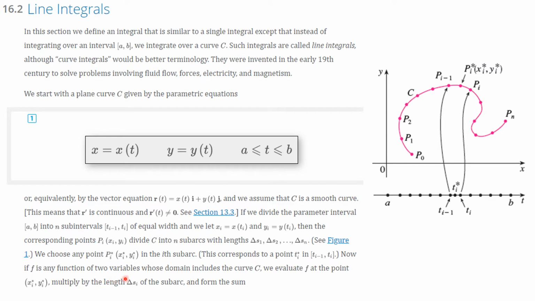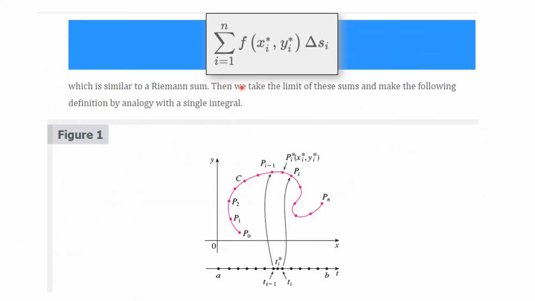And if f is a function of two variables whose domain includes the curve C, and we evaluate f at this point, x i star, y i star, and multiply by delta s i of the subarc and form the sum, we get a sum that looks like this, and that's similar to a Riemann sum. You've done this often enough that you realize we're going to take the limit of these sums and make the following definition by analogy with a single integral. But notice that this is delta s.